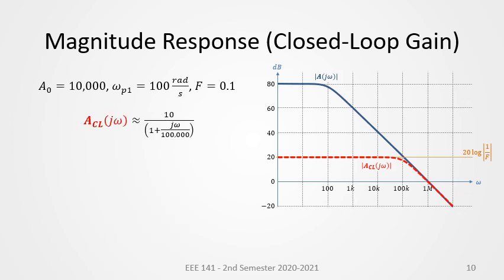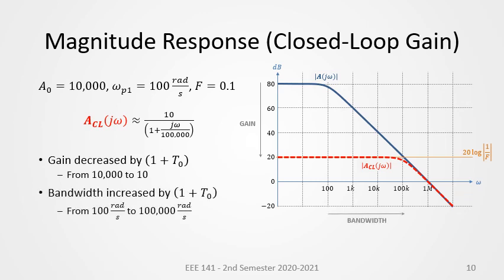So again, this plot shows the gain to bandwidth trade-off and how the gain is decreased and the bandwidth is increased by the same factor, which is 1 plus T naught. Highlighting the numbers, the gain decreased from 10,000 to simply 10, or from 80 dB to 20 dB.